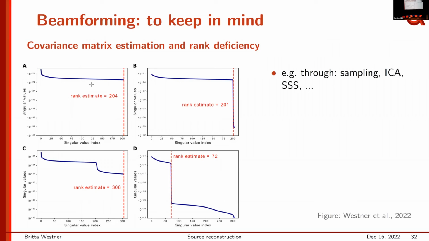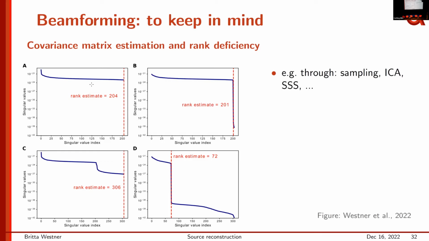So as I said, you might get rank deficient data through ICA or max filter, sometimes also called SSS, signal space separation. You might get it through undersampling your data, so you just don't have enough sample length in your data to have your data independent.